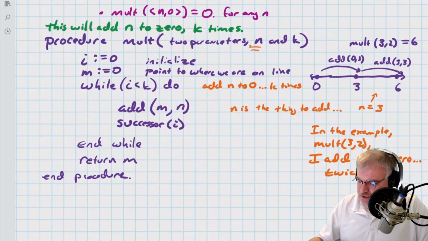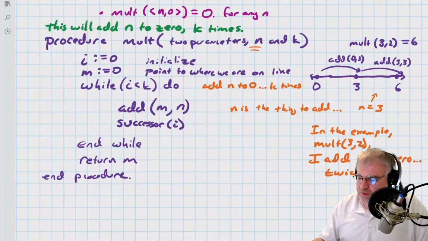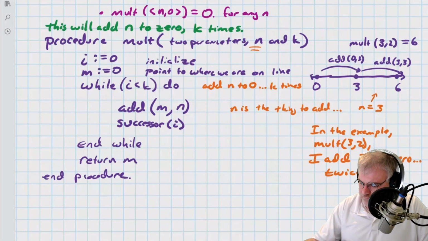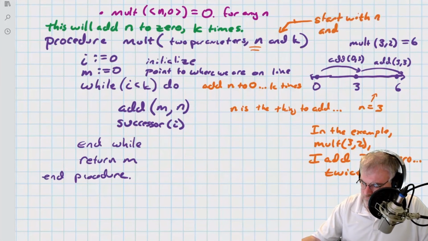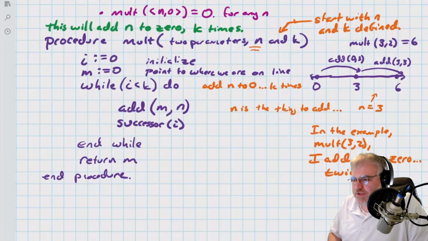Yes, so n comes in as already defined, and so does k. Parameters means that I have n to start and k to start. Okay? So the parameters are n and k. This isn't a language, it's pseudocode.